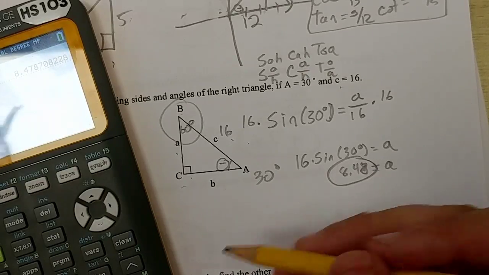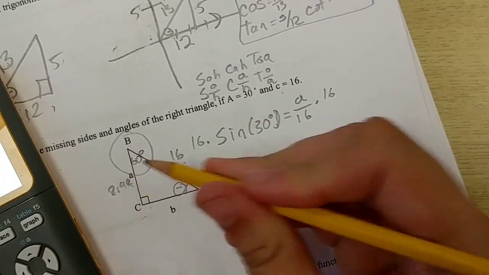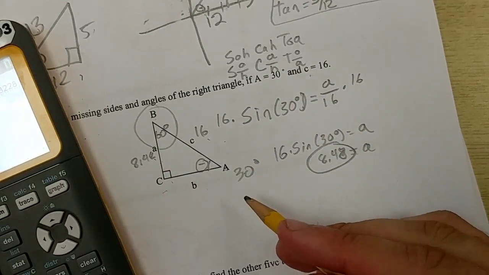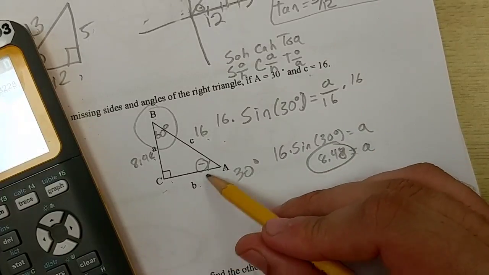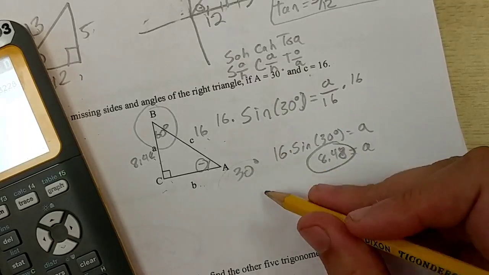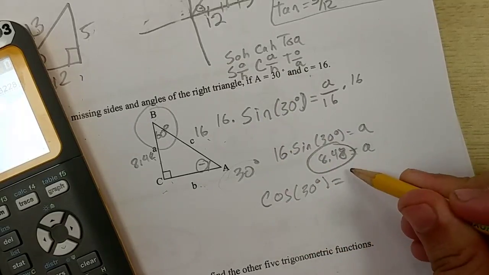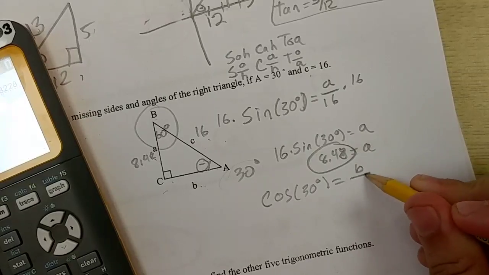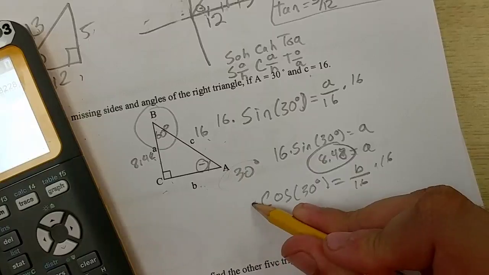Let's get b. So this is 8.48. To get b, I'll still use 30 degrees. So adjacent and hypotenuse, so that's cosine. So cosine of 30 degrees equals b over 16. I'm going to multiply by 16 on both sides.